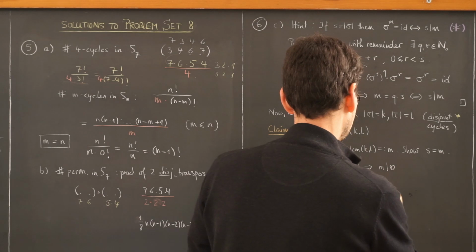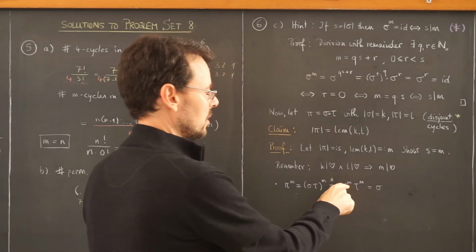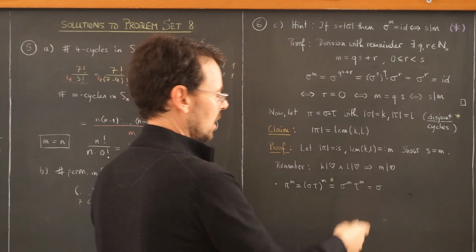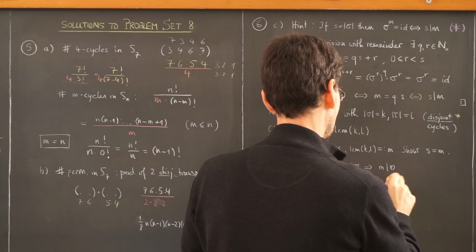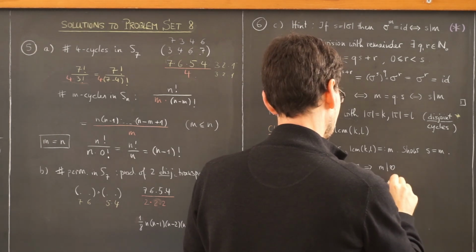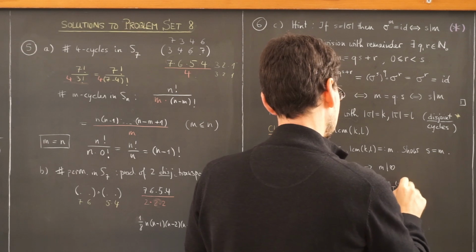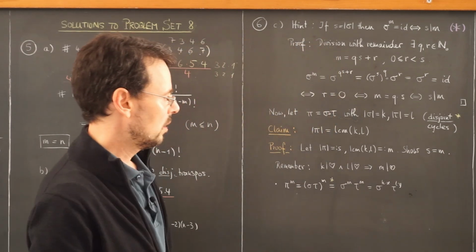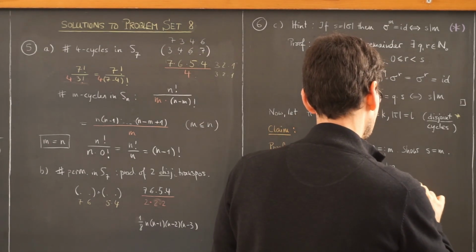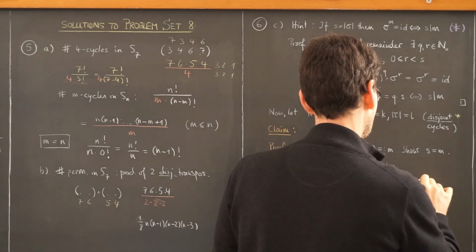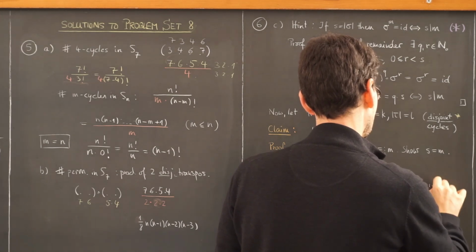Now, m is a multiple of k and l. So I can write this as sigma to the k times whatever x and tau to the l times y. And then by the power rule that holds generally, this is sigma to the k to the x and tau to the l to the y.